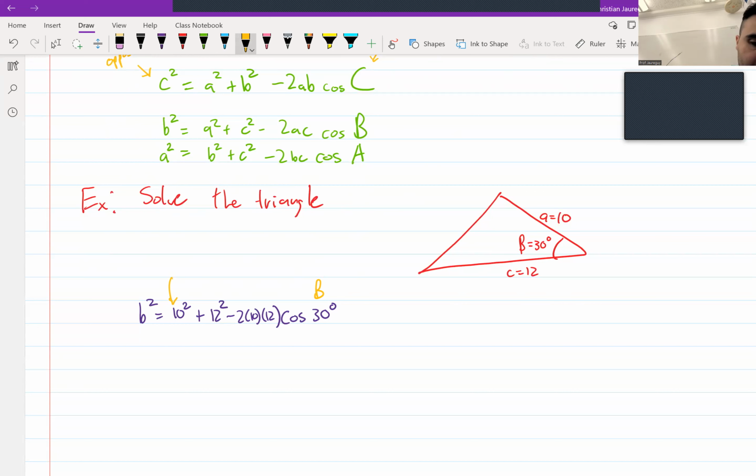Hopefully we can see that is little a, that is little c. Just matching the formula there.